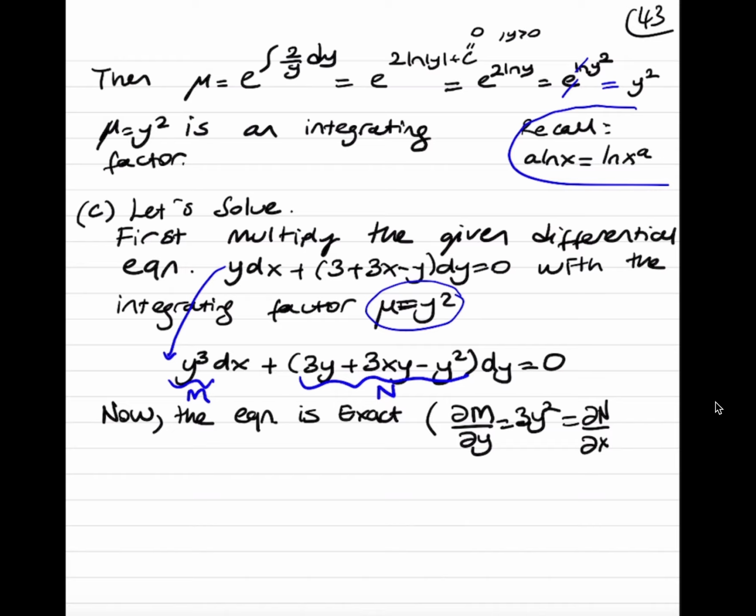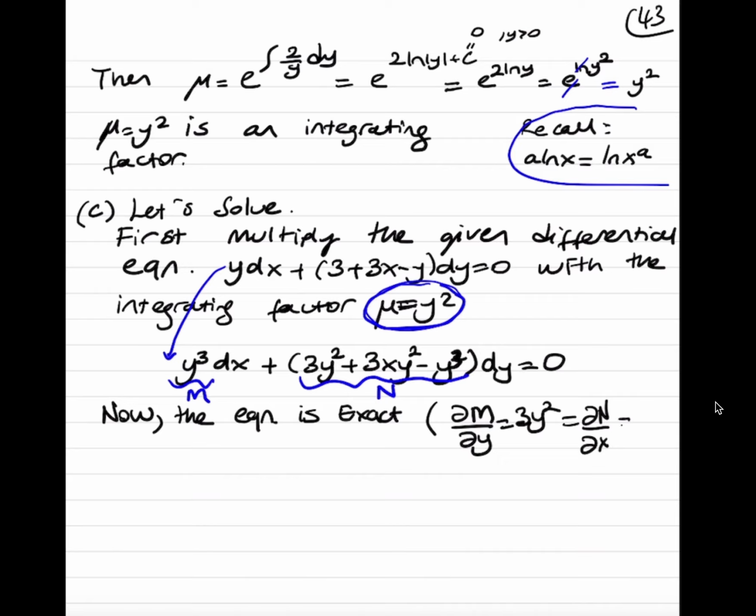Oh, we forgot to multiply with y squared. I was having a heart attack here because you see this is not equal. So we forgot to multiply with y squared here. Sorry about that. So we make it 3y squared times y cubed.